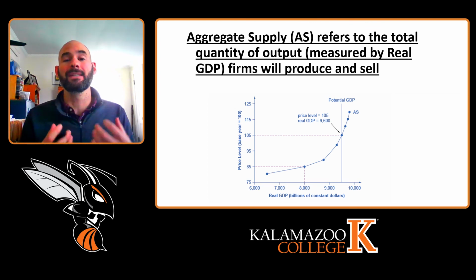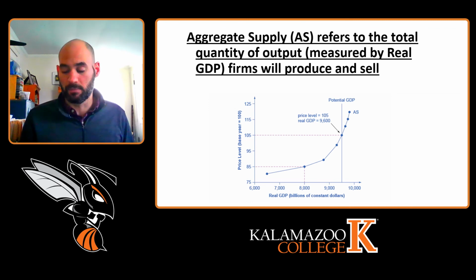So we're looking at the supply decisions made by all firms in the economy, and it reflects the total value of all output, whether that is goods or services, which those firms produce. And so this aggregate supply curve, the AS curve, is going to represent how these production decisions respond to overall price levels in the economy.